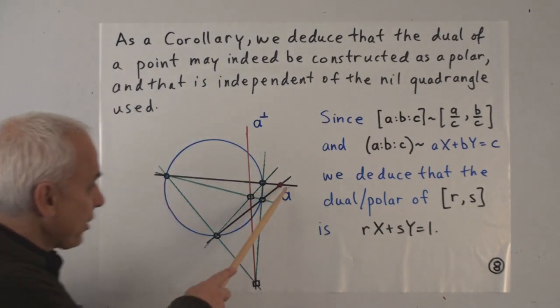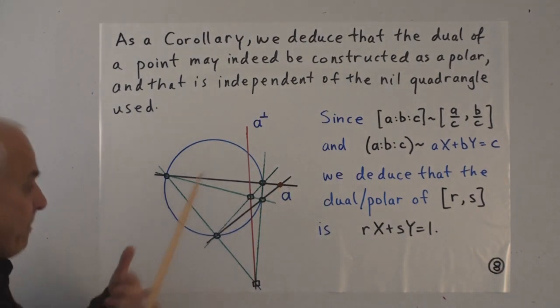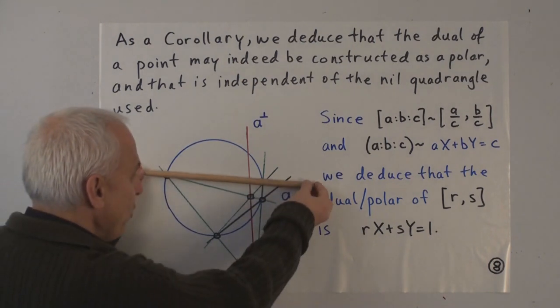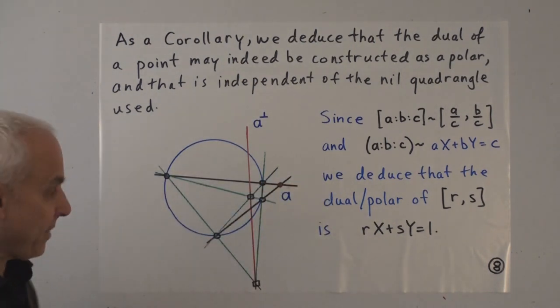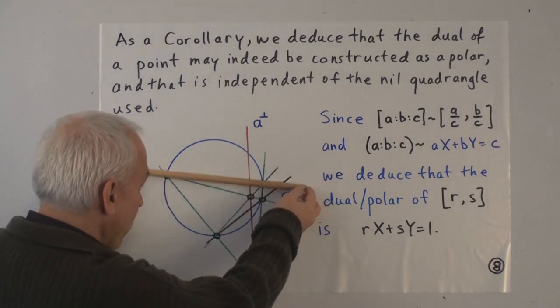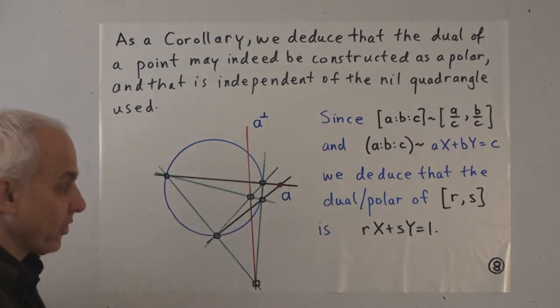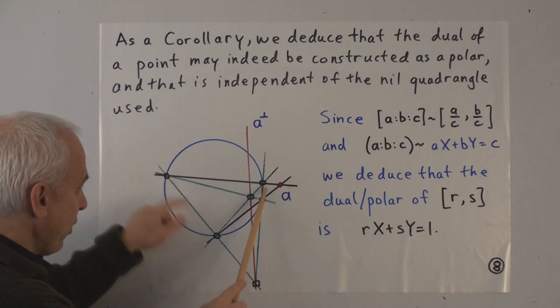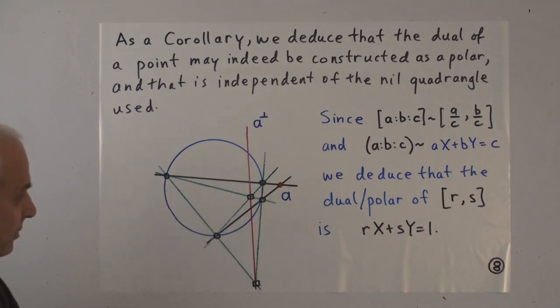In other words, if you want to compute the dual of A geometrically, what you can do is take any two interior lines through A, in other words, lines that pass through A and also through the null circle. Say those black ones. Then you get four null points forming a nil quadrangle.